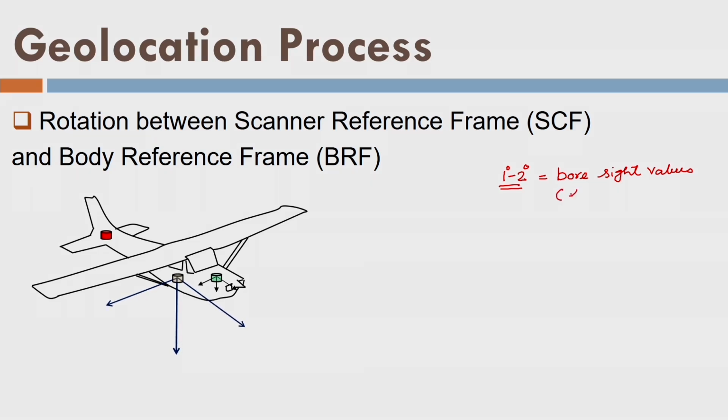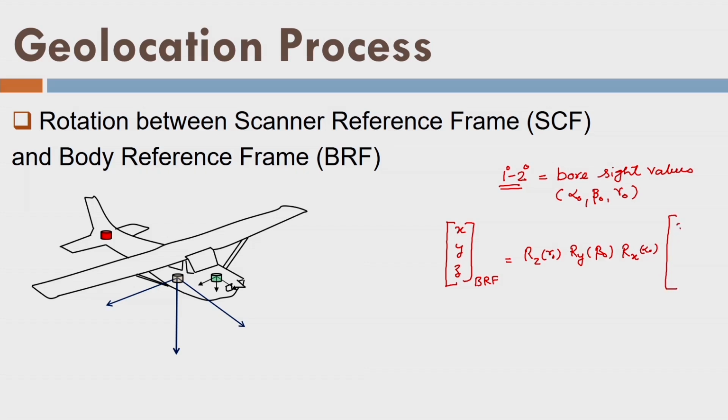Let us see, we have alpha 0, beta 0 and gamma 0 as bore sight values about the x axis, y axis and z axis respectively. So, x, y, z in the body reference frame is equal to Rz gamma 0, Ry beta 0 and Rx alpha 0 times x, y, z in the scanner reference frame. So, now you can express it like this.